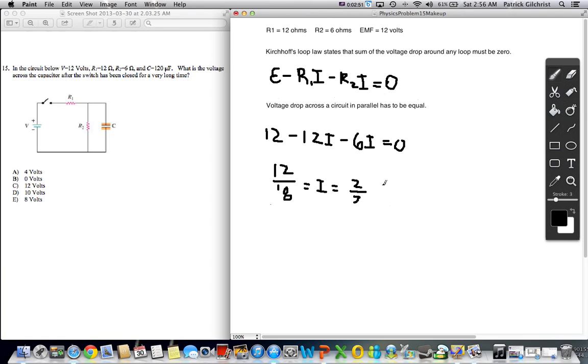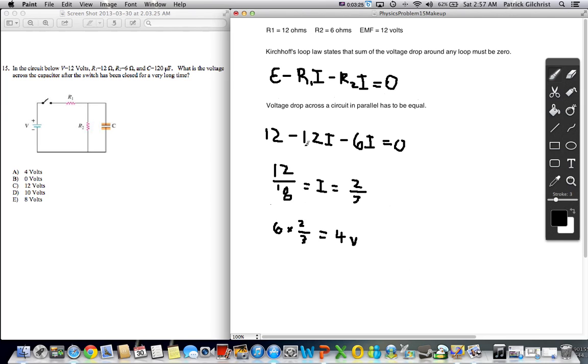Using this, we can now calculate the voltage drop of R2, which is R2 times I. So we calculate that the voltage drop of R2 is 4 volts.